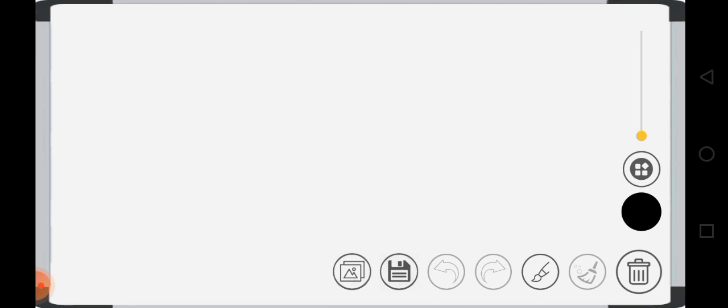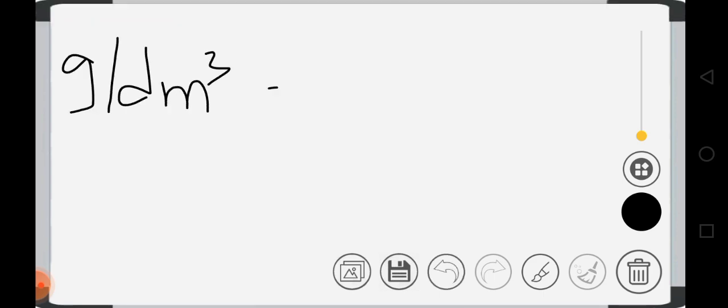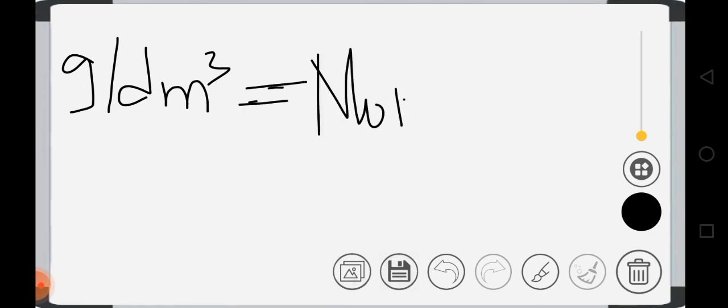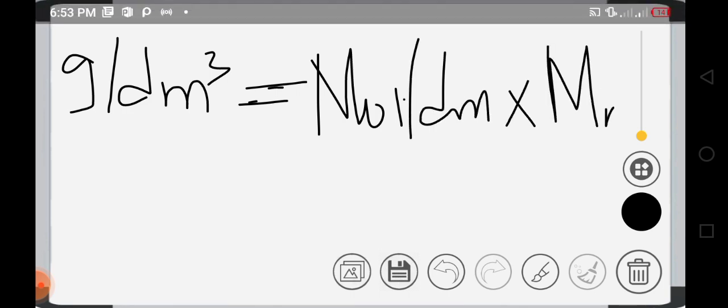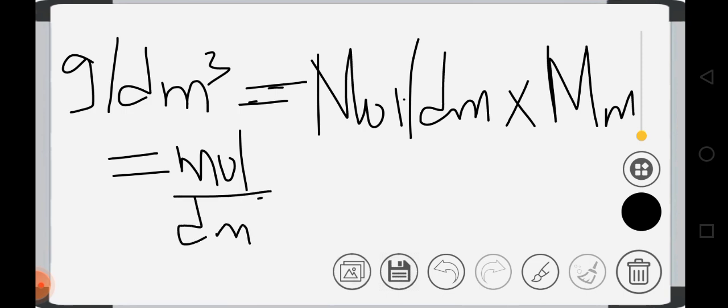Now let's check how to know whether we are correct around this area. We said grams per dm cube is equal to mole per dm cube times molar mass. So look at how to know you are correct. We have mole per dm cube, then times molar mass.